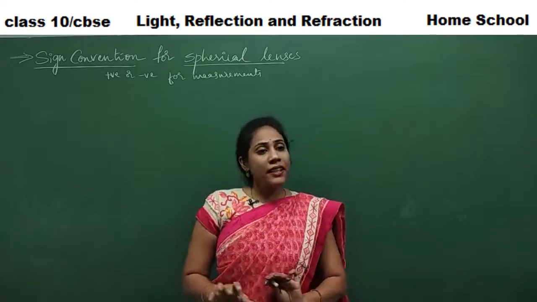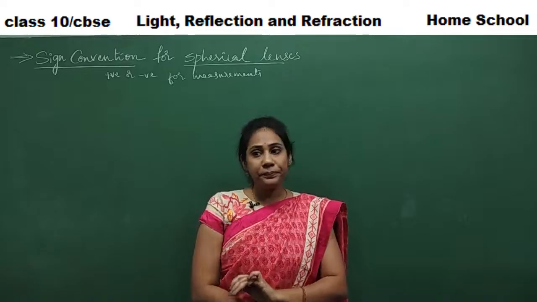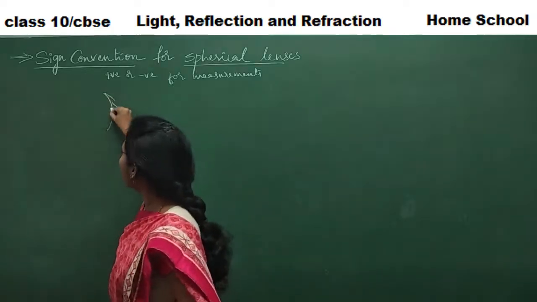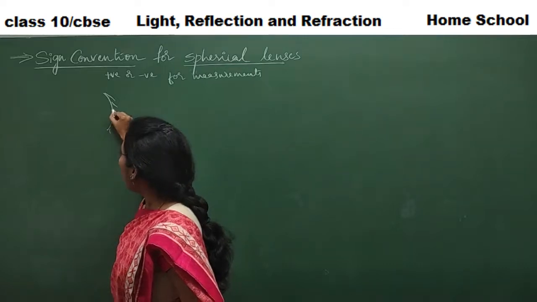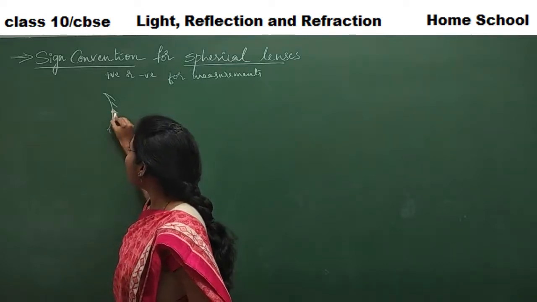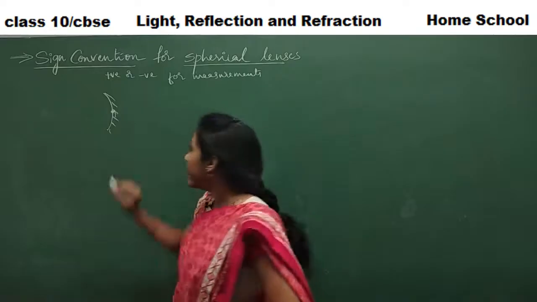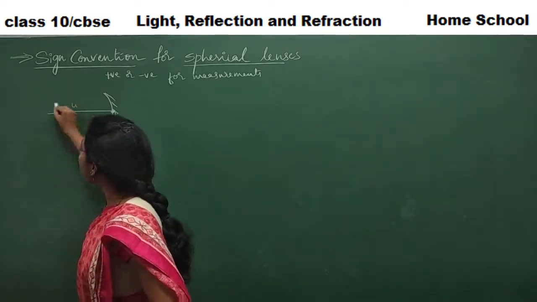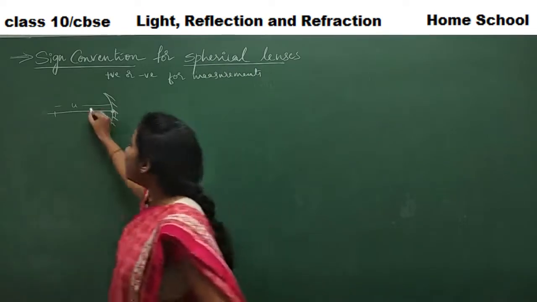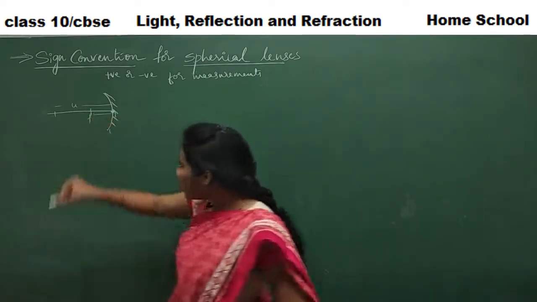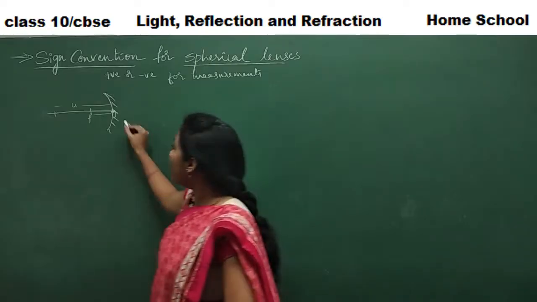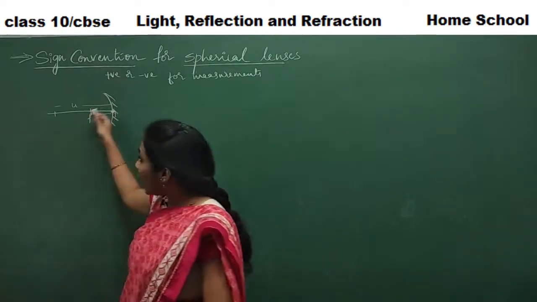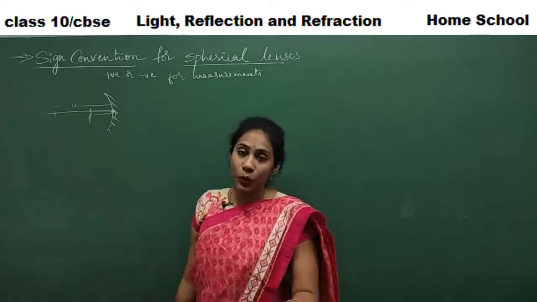In case of mirrors, we have studied, for example, a concave mirror. All the measurements you measure from the pole. If you want to measure the object distance, you measure from the pole. If you want to measure the focal length, you measure from the pole. Whatever image is formed from a mirror, that also you measure from the pole.